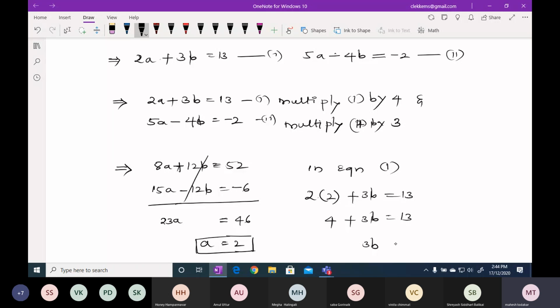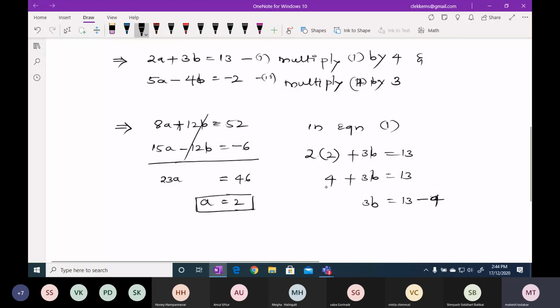Now 3b is equal to 13 minus 4, which is 9. So b is equal to 3. A is equal to 2, b is equal to 3.